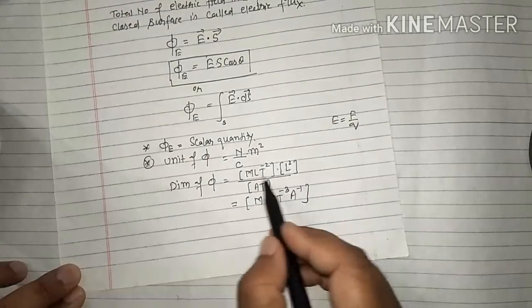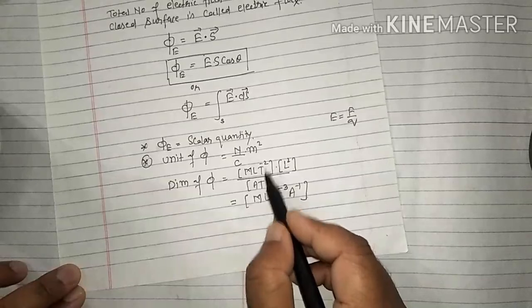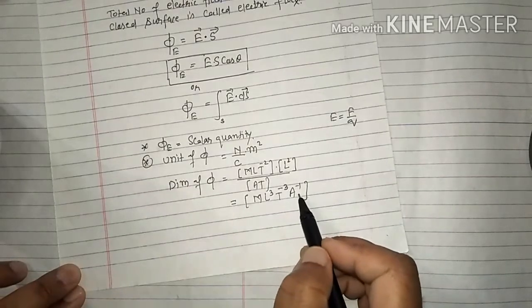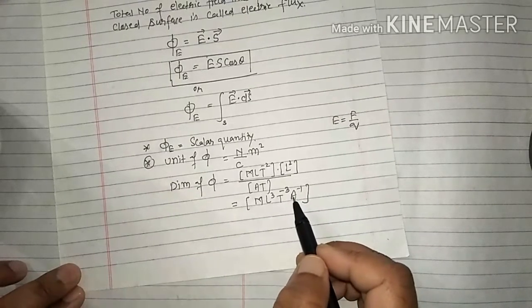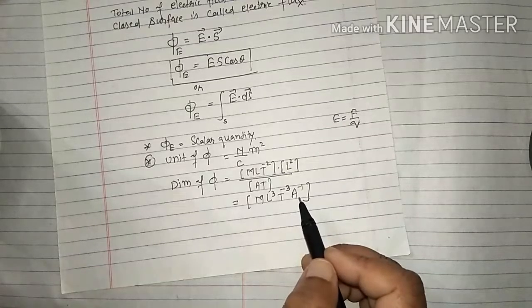So M L cube T minus 3 A minus 1 is the dimension of electric flux.